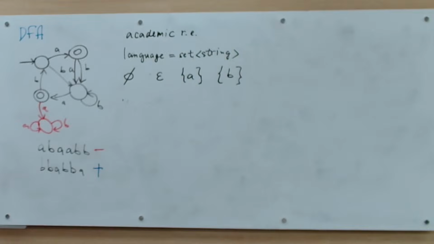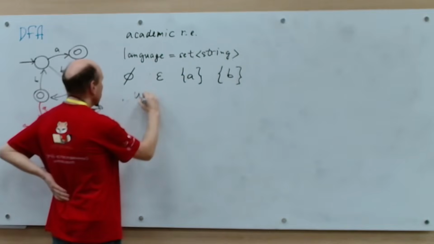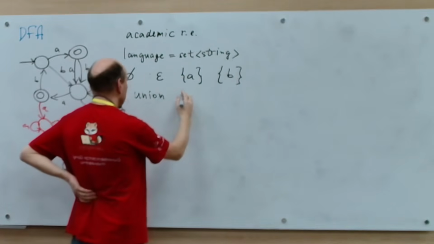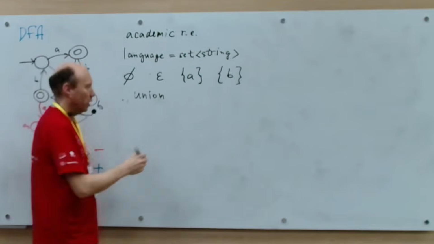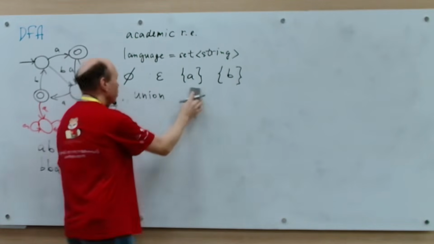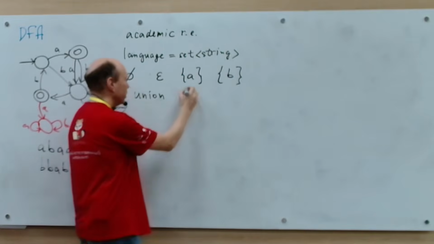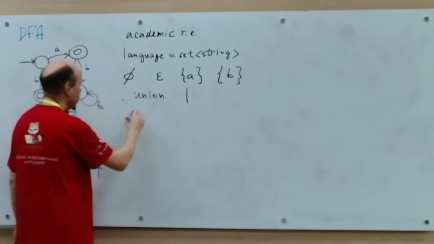And then we have three operations that are called regular operations. The first operation is union. Usually you denote the union of sets with a symbol like a half circle, but in regular expressions we will use the vertical bar. The next is concatenation.